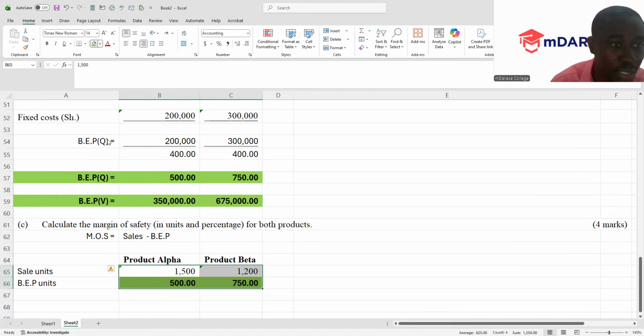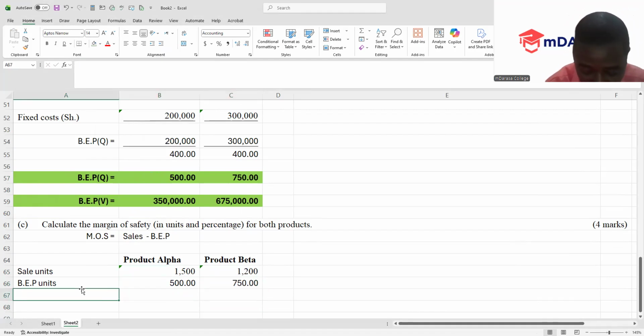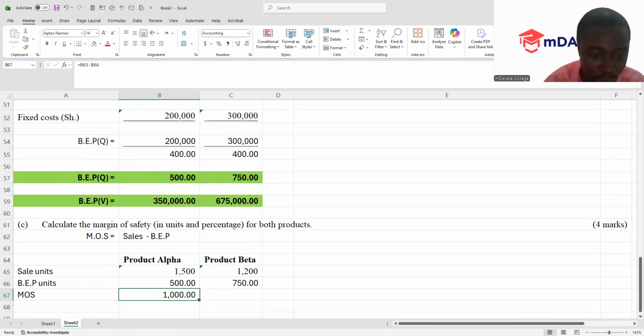Our task here is simple: to determine the difference. So my MOS, in this case, is the sales units minus the break-even point units, which gives us our margin of safety in quantity.